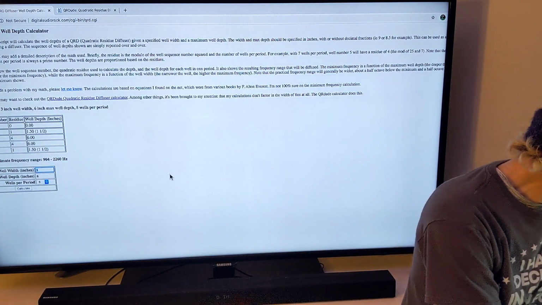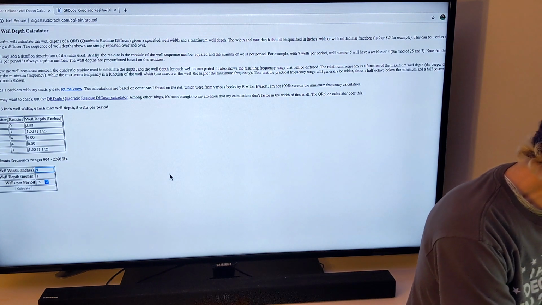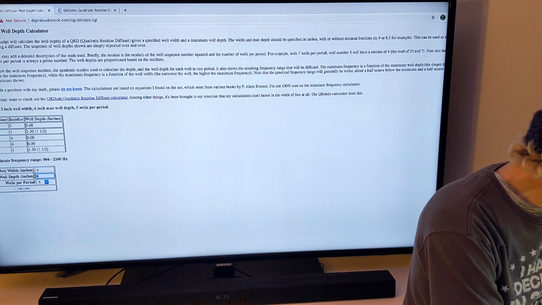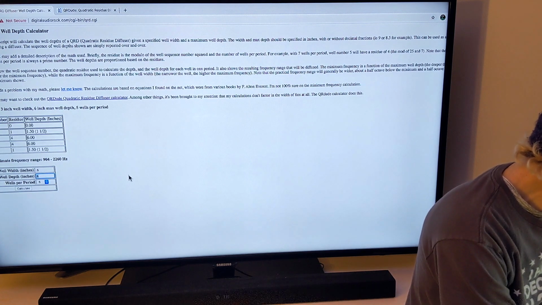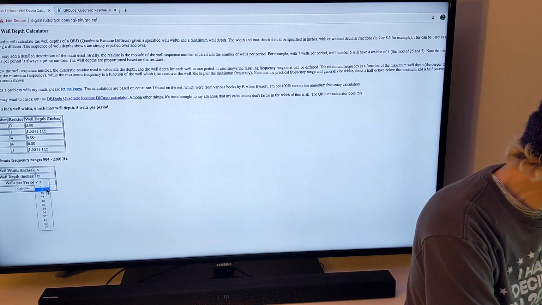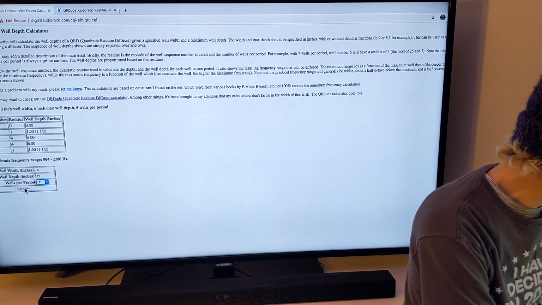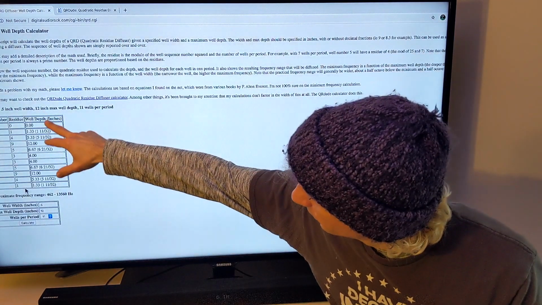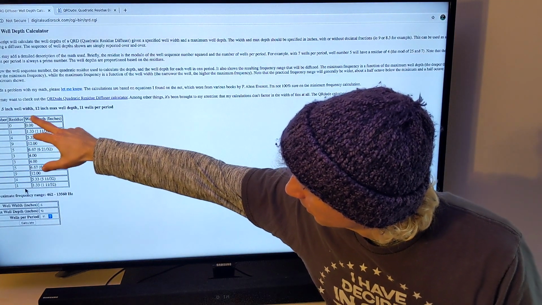Let's make this a 1/2 inch, and we'll do a foot, 12 inches. And we'll do it based on a prime number sequence of 11. Here are the depths, okay.